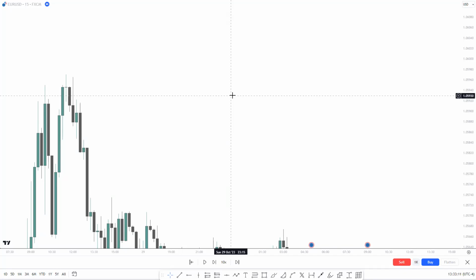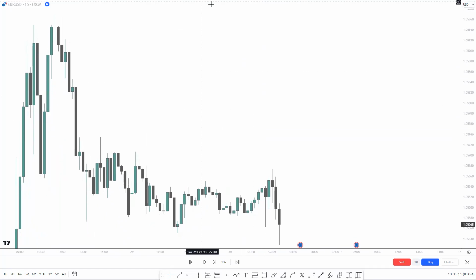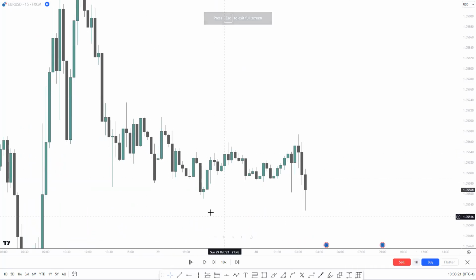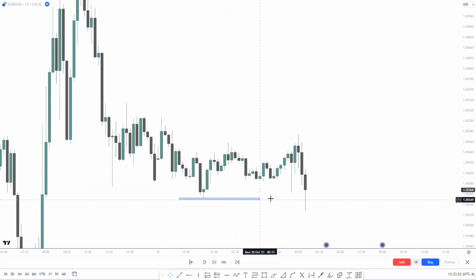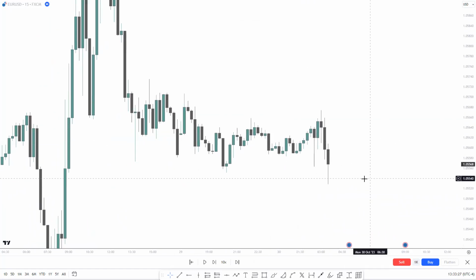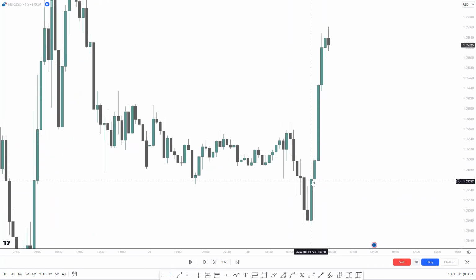This is actually a very simple model, and you don't even need any bias for this. It's better to have bias, but you don't need it for this model. So let's say you were expecting bearish prices. Have a look at what happens after that. Price just goes up after it, but you'll still get a trade.